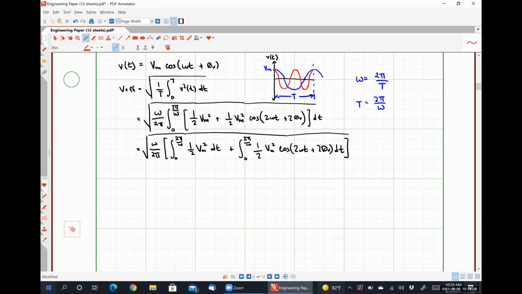It stands to reason that if we integrated it over exactly 2 periods, it would just be twice the result of integrating over 1 period. So what's the integral of cosine over exactly 1 period? You guys told me the answer to this, no problem, like 2 days ago or whatever.